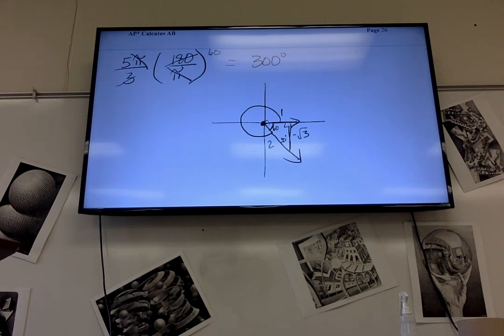Now this was tangent. So tangent, TOA, is opposite over adjacent. So that would be negative square root of 3 over 1. So it's negative square root of 3.